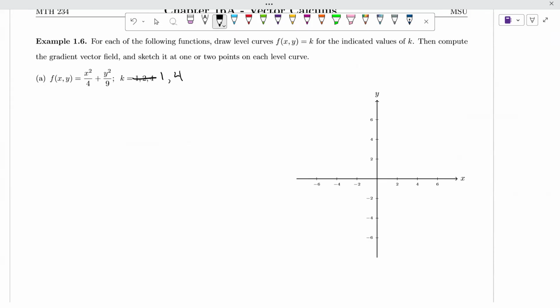I want to look at 1, 4, and 9. Just to make some of my math easier, I'm going to look at square numbers for the level curves because it'll work nicely when I want to actually find the values here.